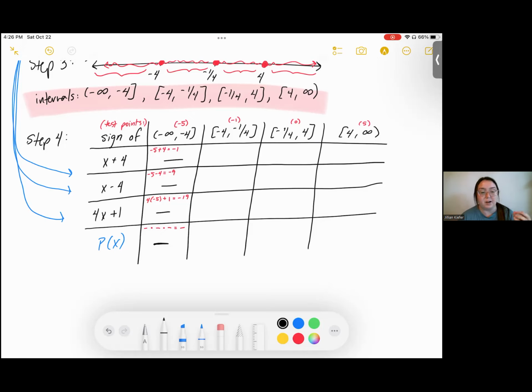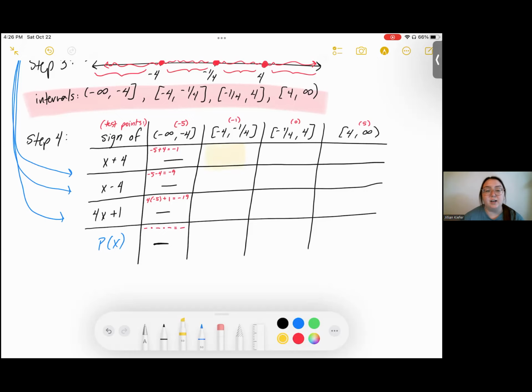For example, we're not going to write the little calculations anymore. In our next column, we're using the test point -1. So we're checking if -1 would create negative or positive numbers for each one of our factors. Starting with the first one here, let's highlight the box to show this is the one we're doing.